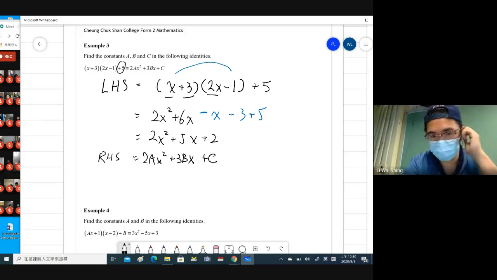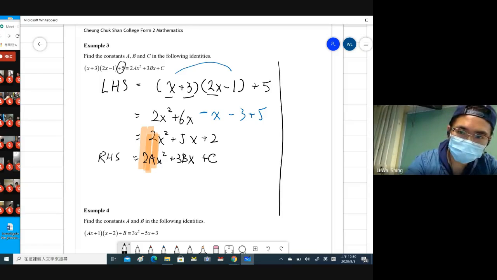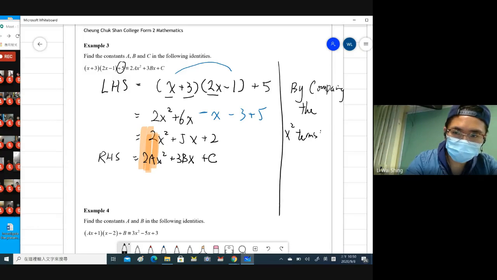So you're comparing the like terms. Okay, you're comparing the like terms easily, right? So you're comparing the x squared term. You can write out the equation. By comparing the x squared terms, 2a equals 2, a equals 1.